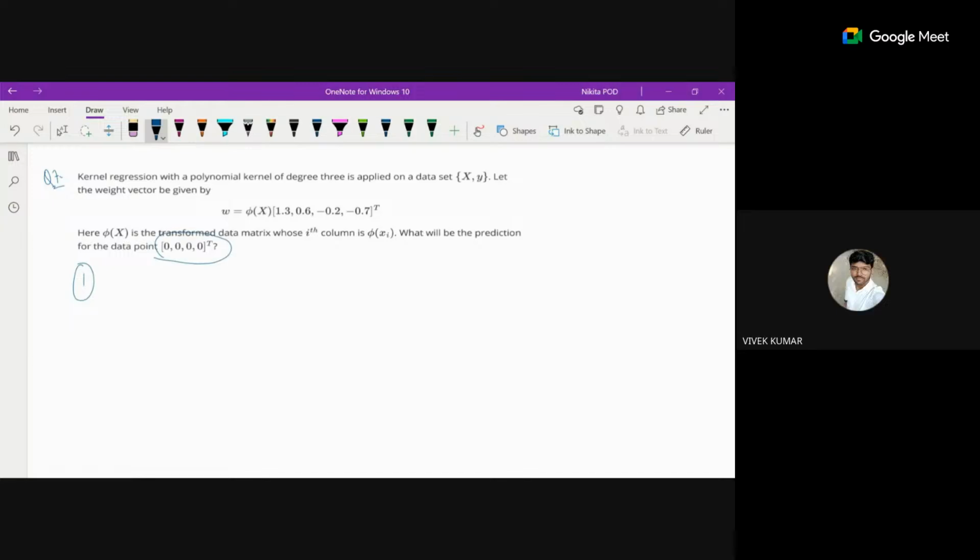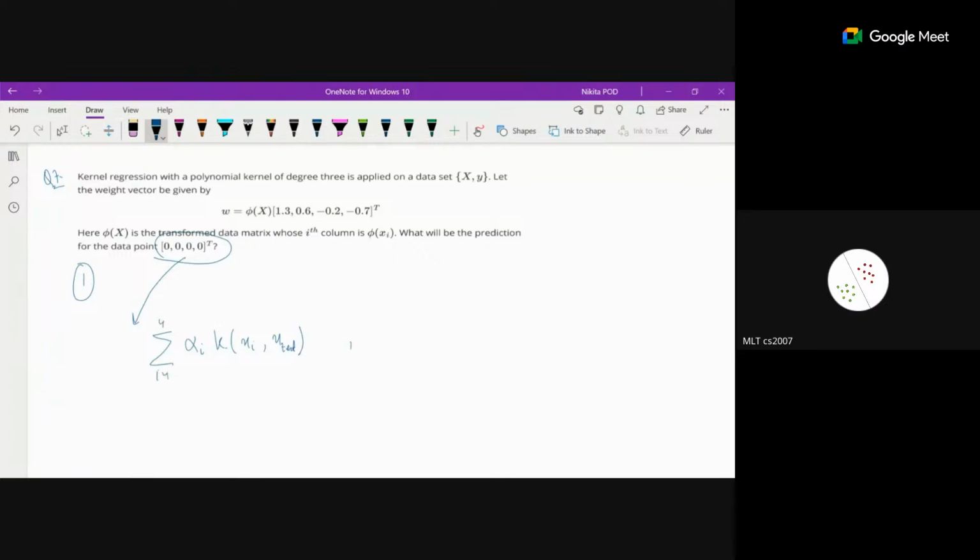Yes, ma'am. How to solve? See, we had seen that the prediction for any data point, any X test, can be given by the sum over alpha i times kernel of xi comma x test, with i varying from 1 to 4.